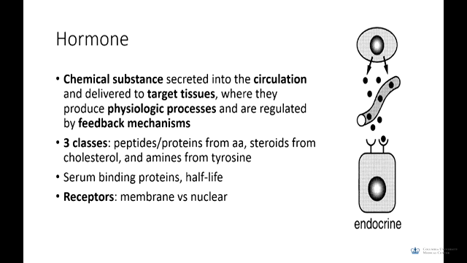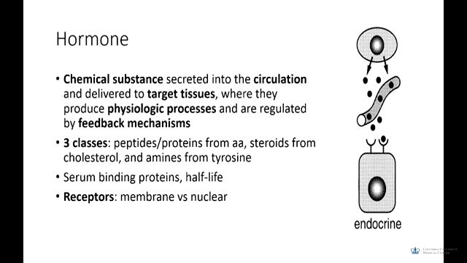In case you forget after 3 weeks of endocrinology, a hormone is a chemical substance secreted into circulation and delivered to target tissues where they produce physiologic processes and are regulated mostly by feedback mechanism. There are three classes of hormones. So peptide and protein hormones are synthesized from amino acids, and examples are hormones secreted by pituitary, pancreas, and most of the hormones from hypothalamus.